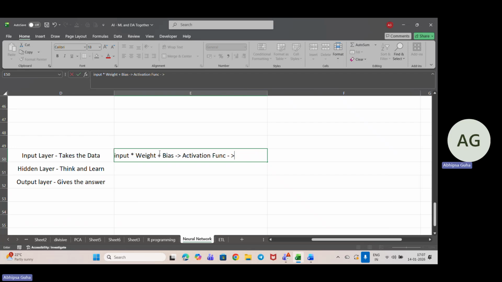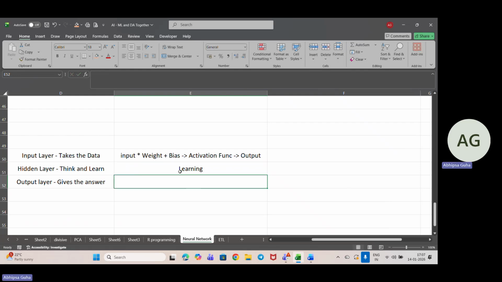Then we go for the output. Okay, so coming to the learning, how does it start? It starts from a guess. Then we go for the error.